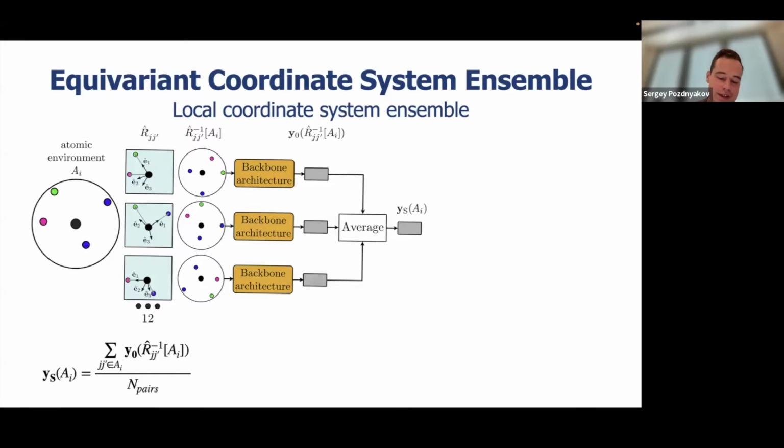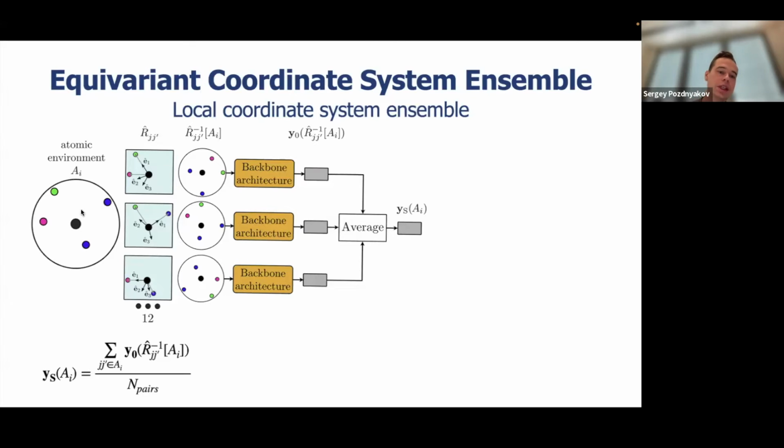Okay. So now I can proceed to the definition of our method that enforces rotational invariance and preserves smoothness of a backbone architecture. And the core idea of our method is to use all local coordinate systems instead of singling some out. So basically what we do is that if we have an atomic environment, we define a local coordinate system for each ordered pair of neighbors.